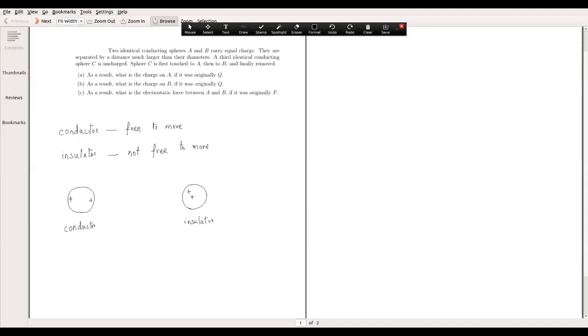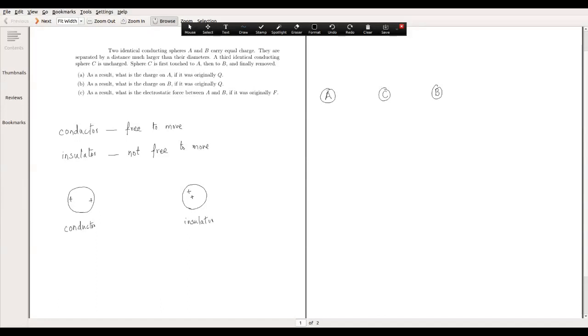So let's show that here. Let's say there is a charged sphere labeled A, then there is a sphere labeled C, and there is another sphere labeled B. They are all identical. That means that if you had some charges, they'll be equally distributed on all of them.